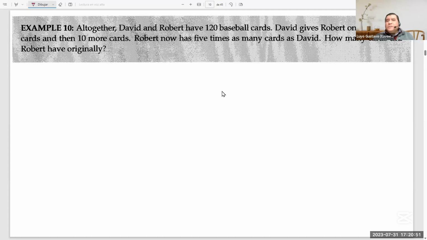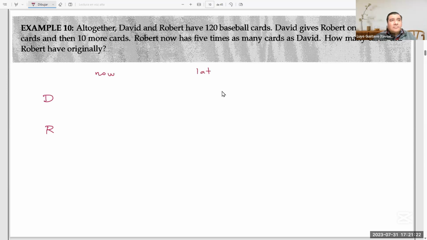But you can always beat these questions by formulating patiently one equation per statement as you advance reading. David and Robert have 120 baseball cards.